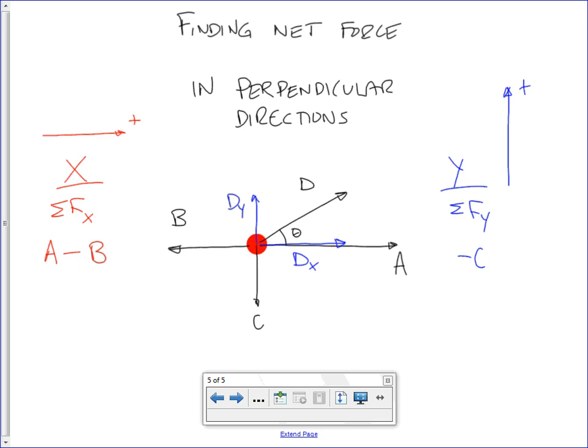So over here in our x direction statement, what I'm going to do is add a Dx. Dx points to the right. And over here, in our y direction, add a Dy. Dy points up. All right?